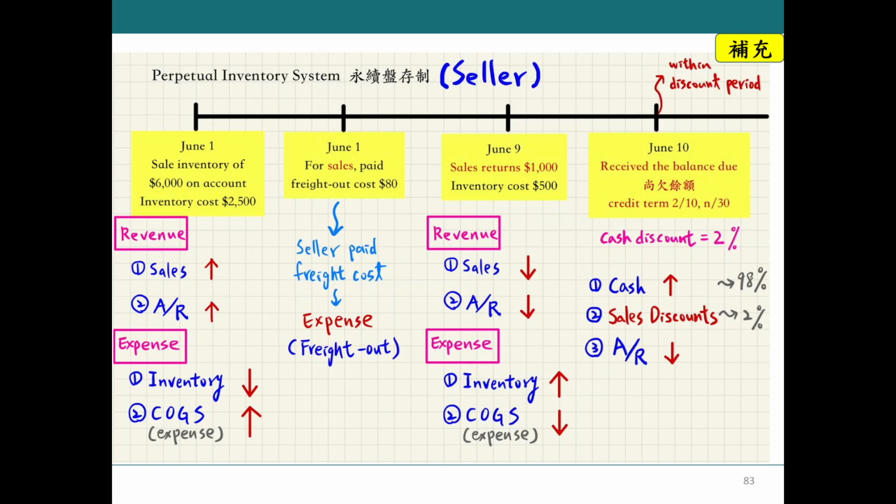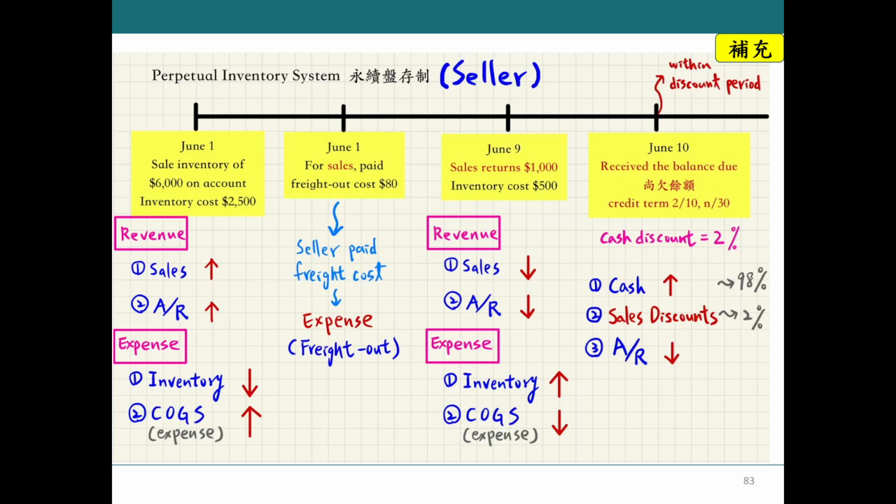First is revenue. So focus on revenue. You say, oh, I earned sales revenue, but the customer didn't pay the money back, right? So I have accounts receivable increase. After revenue, don't forget, with perpetual 永续盘存制 the hard worker, we also record the second thing, cost of goods sold, right? We sold the product to customers, which made your inventory decrease. Inventory decreases, and at the same time, our cost of goods sold expenses increase.